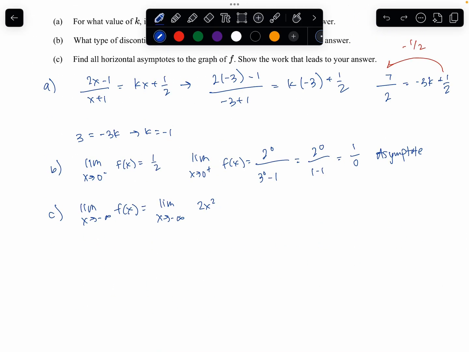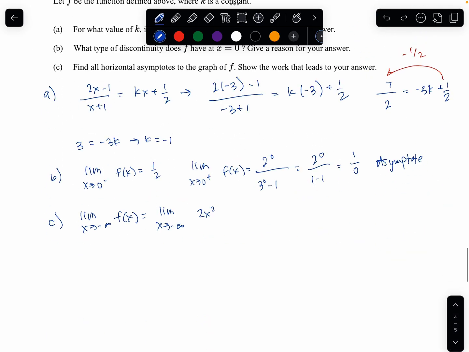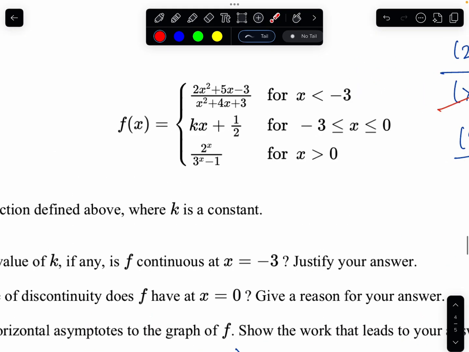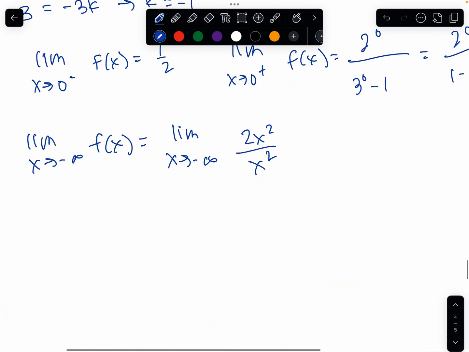It's going to be equal to 2x squared over x squared. Again, if I'm thinking about a rational expression, these are not going to matter at positive or negative infinity. So then I just have to look at the leading term, the terms with the highest degrees, and then those are eventually going to cancel, leaving me with 2.